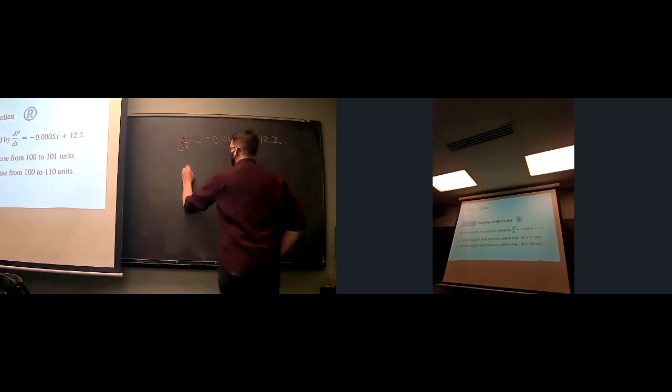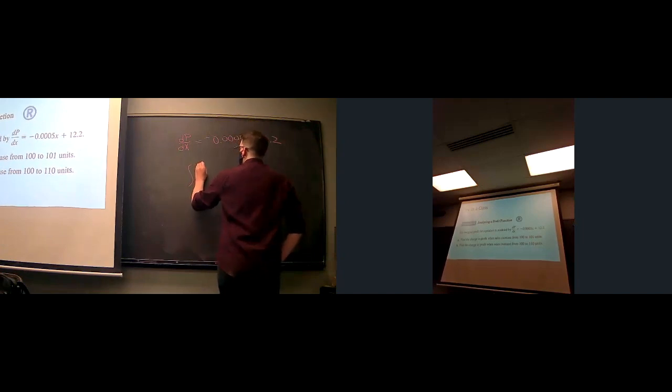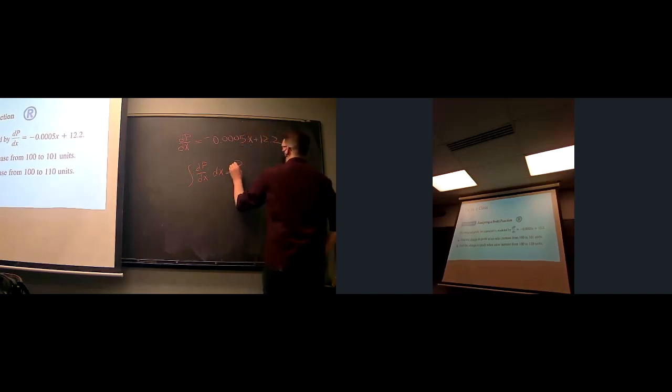Okay, we want to know what the change in profit is when sales increase from 100 to 101. First thing we want to notice is that dP/dx integrated with respect to x is going to give us our profit function plus a constant, right?